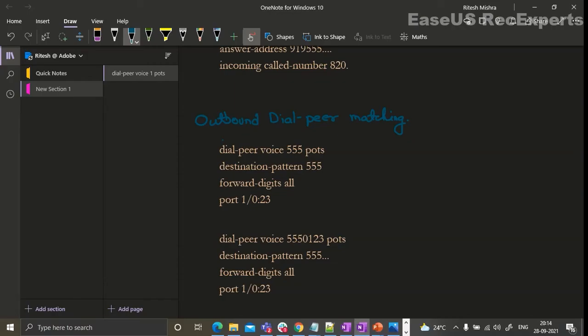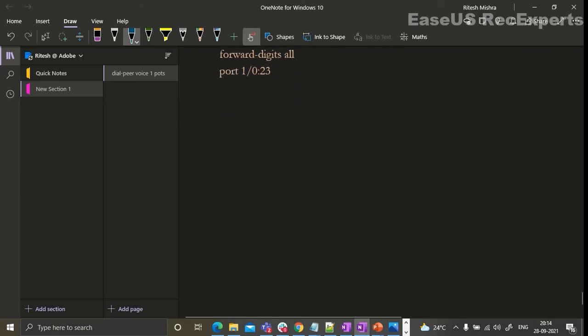In the last class, we discussed POTS and VoIP dial pairs, and just to summarize and revise: the POTS dial pair is used at the TDM or POTS leg, which can be when you have a PRI, an FXO, R2 digital, or a T1 CAS.